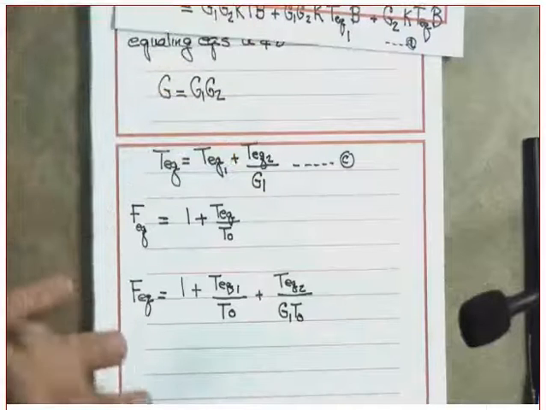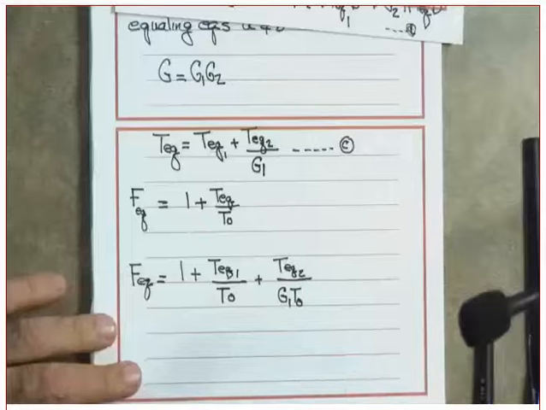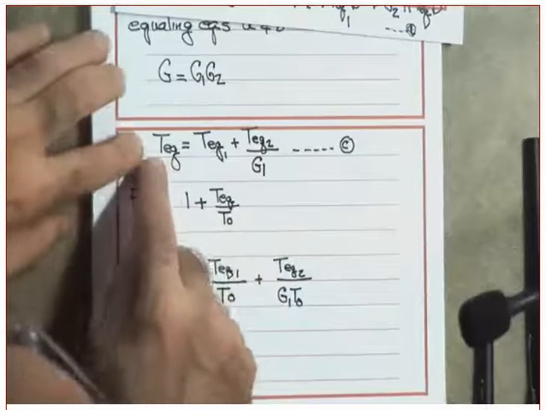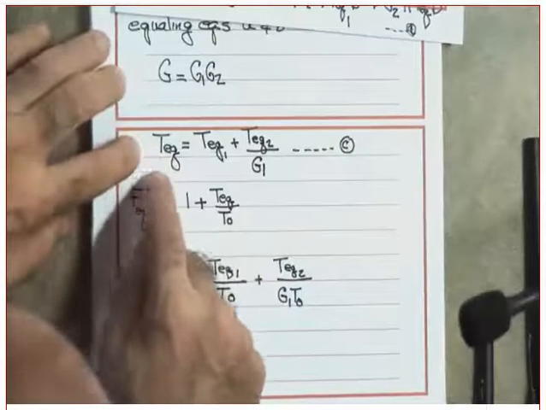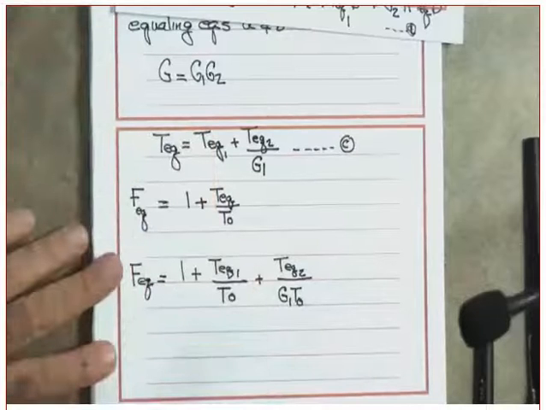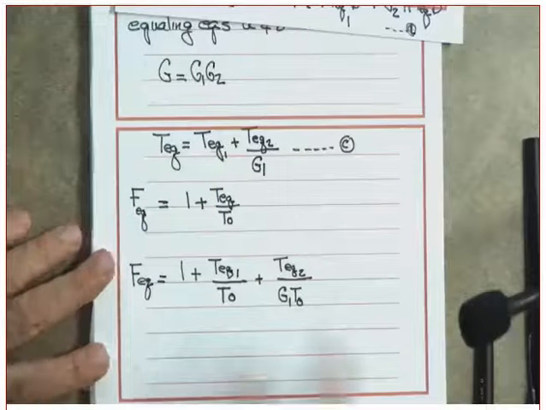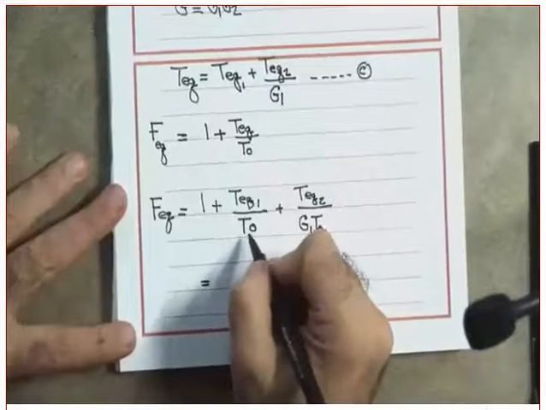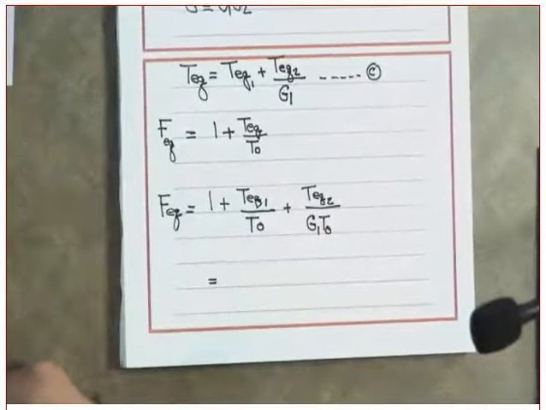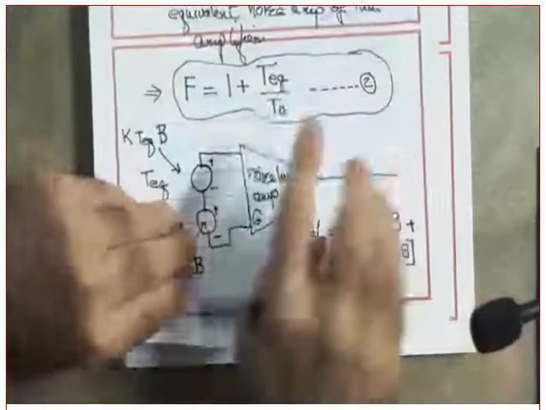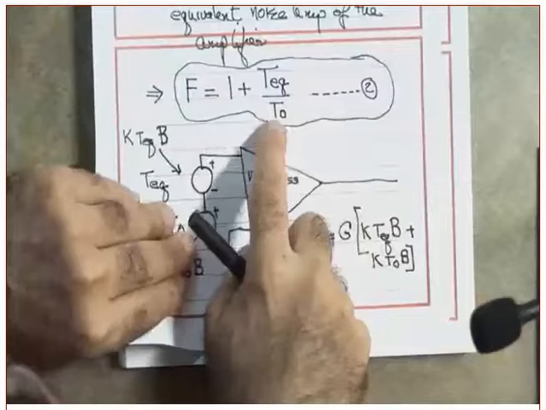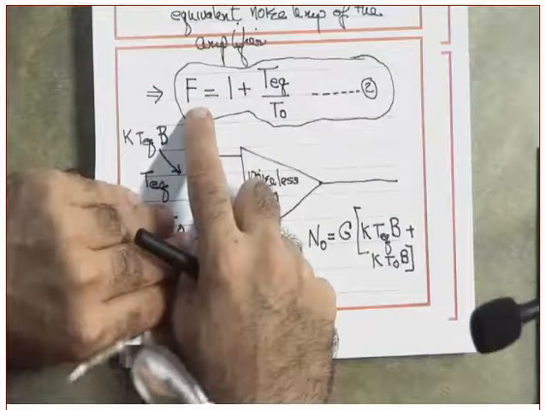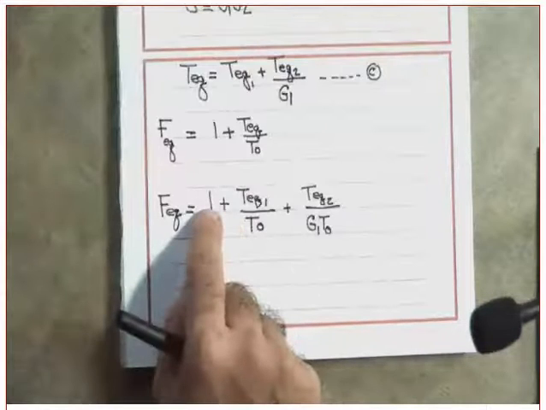F equivalent equals 1 plus T equivalent over T0. Which means I'm going to divide this one by T0 and I substitute. Clear? What is T equivalent 1 divided by T0? It is F1 minus 1. The 1 will cancel with this one.